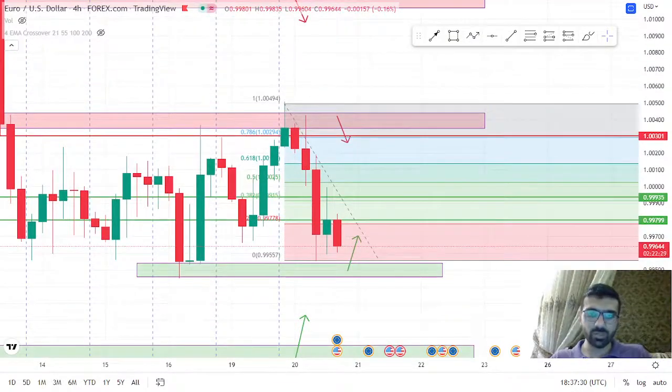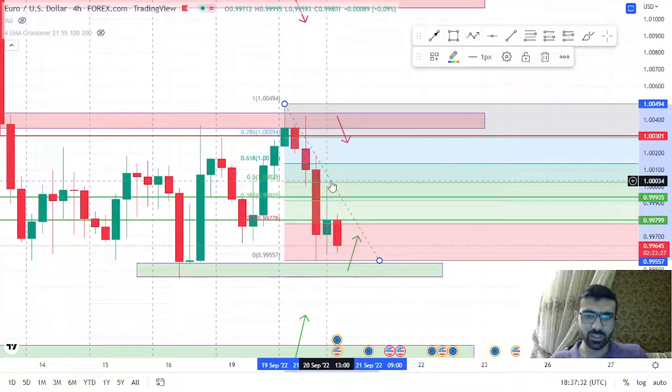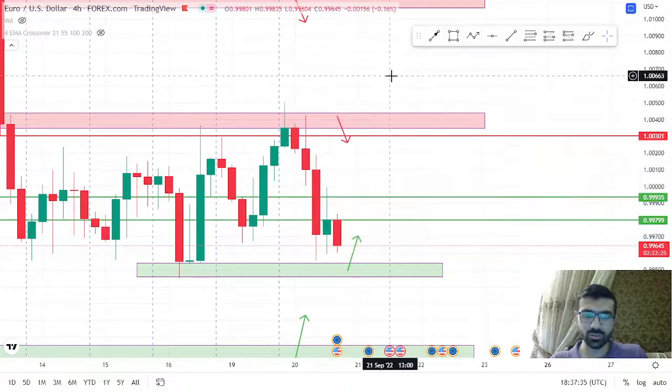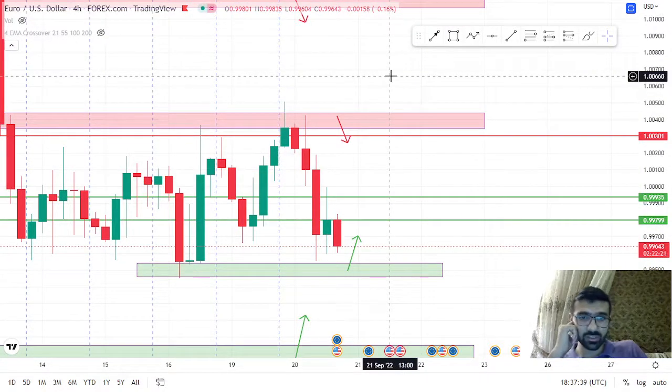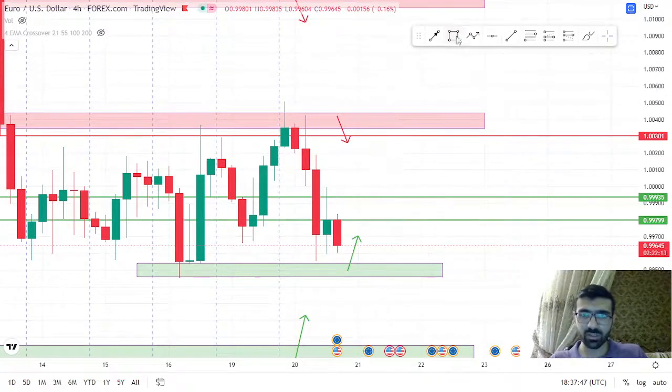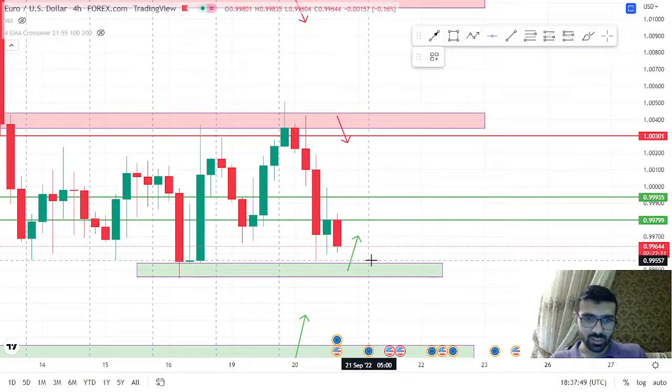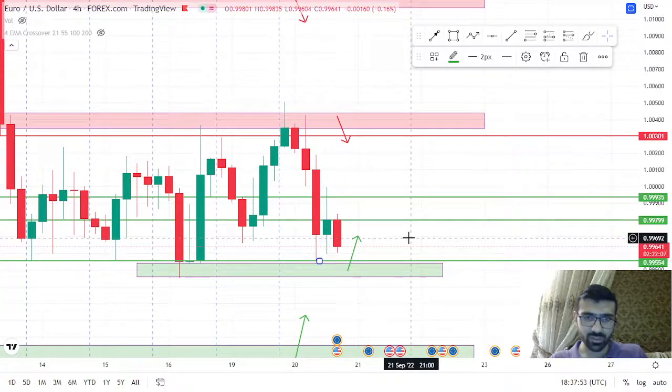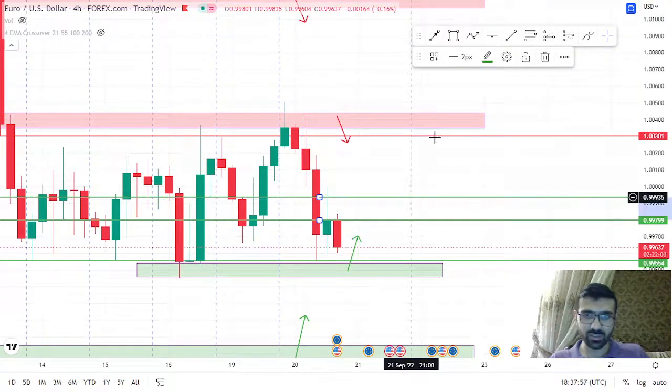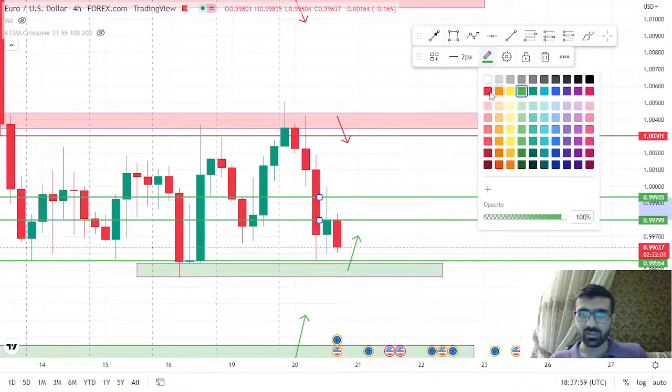Okay, so now let us move on to our trades for tomorrow in this pair. Our areas of support and resistances are going to remain the same with no real change. And so now let me mark my most recent area of support. My support area would be this, and this area would now turn into resistance, and this area as well.